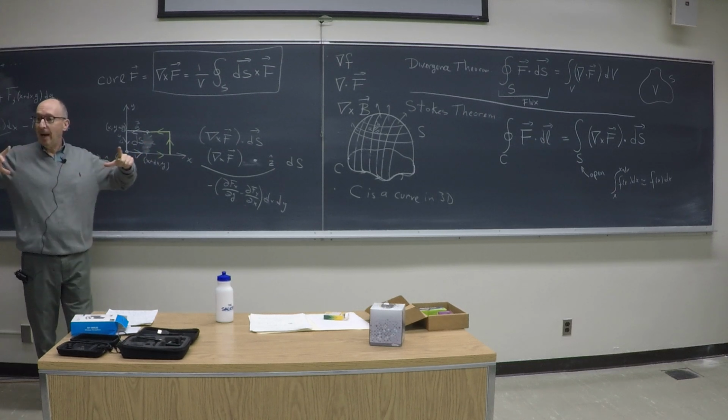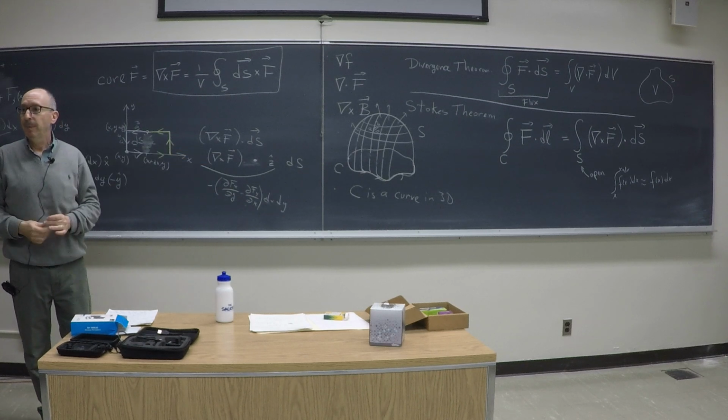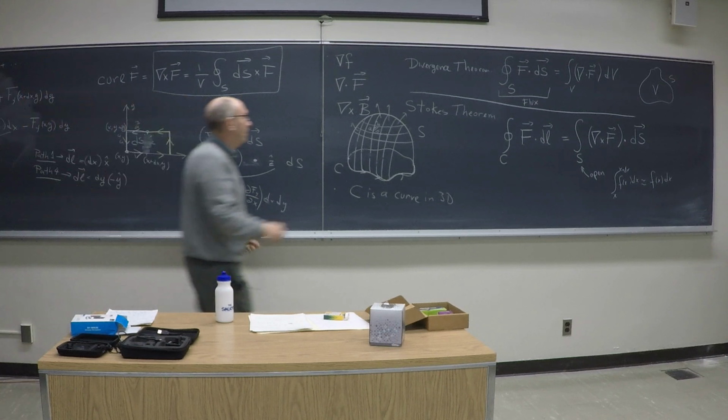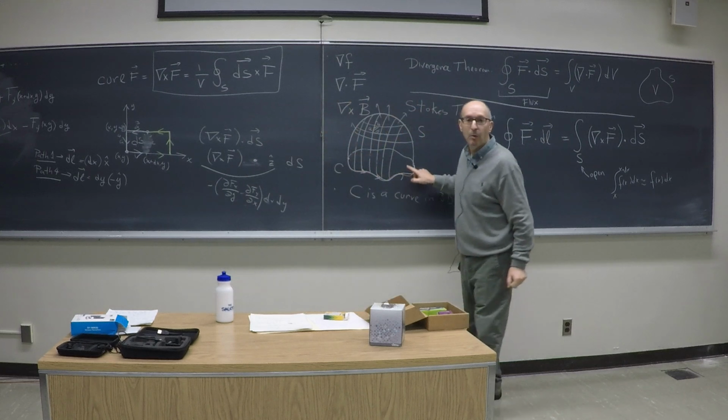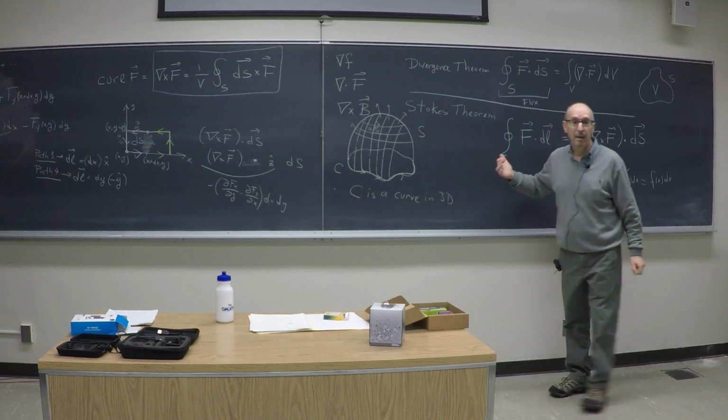And if you keep doing that argument, you are going to get rid of all the little patches until you reach the boundary where you cannot eliminate, proving Stokes' theorem, okay?